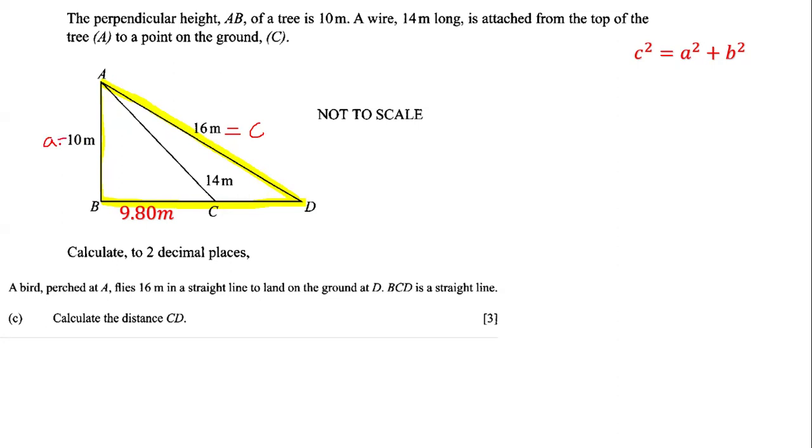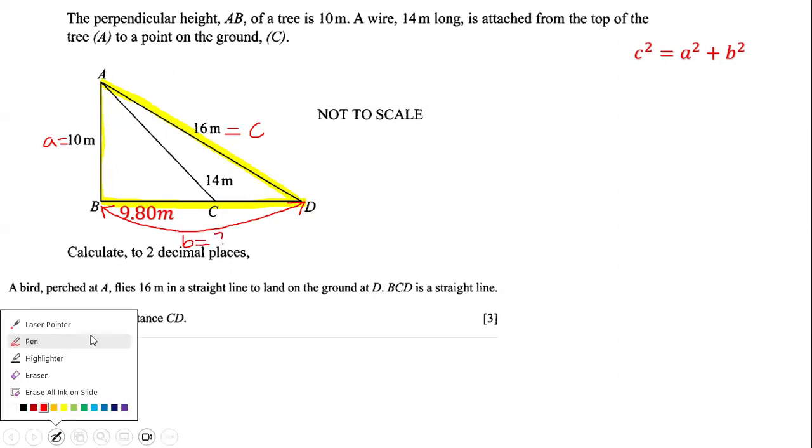But what we do not have is B. B in this case is going to be all of this, so BD is B. That's the missing side, and we have defined it. So we can use the Pythagoras theorem to find it.